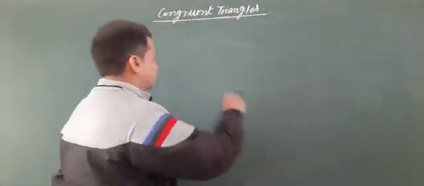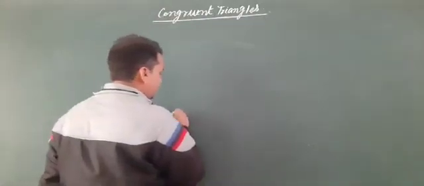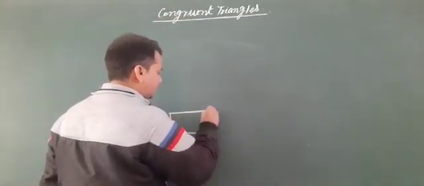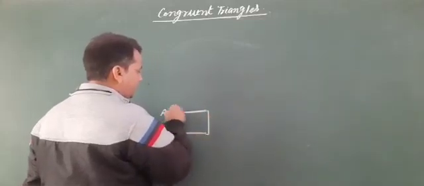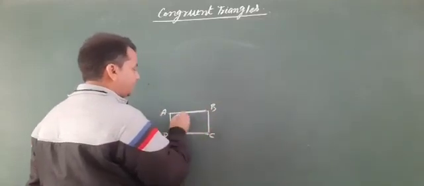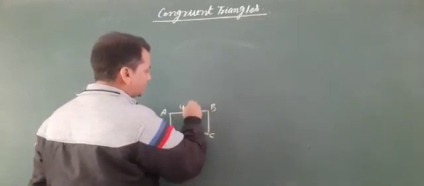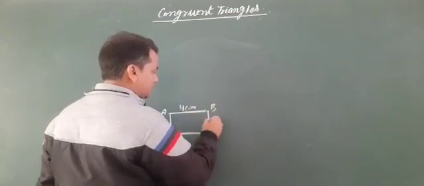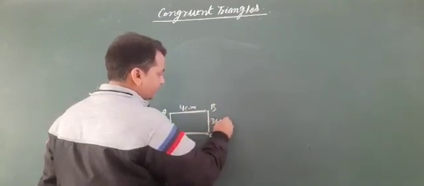Now another example: two rectangles are congruent if they have the same length and the same breadth. Suppose a rectangle ABCD. The length of the rectangle is 4 centimeter, and suppose BC is 3 centimeter.